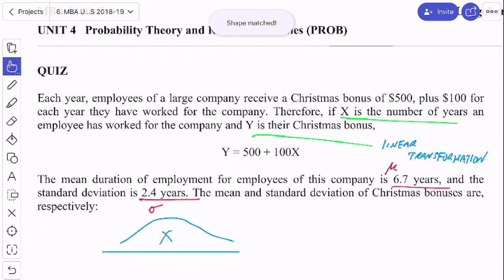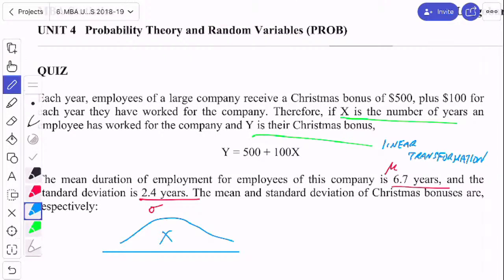They're telling us that X is 6.7 in the middle, so 6.7 years, and standard deviation 2.4. So it's not necessarily normal. I've just drawn it like this because you can think there's a shape, right?